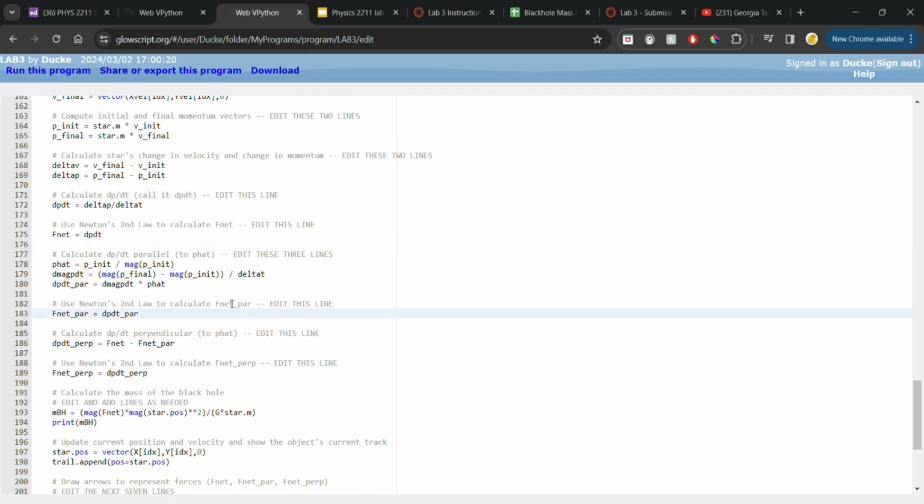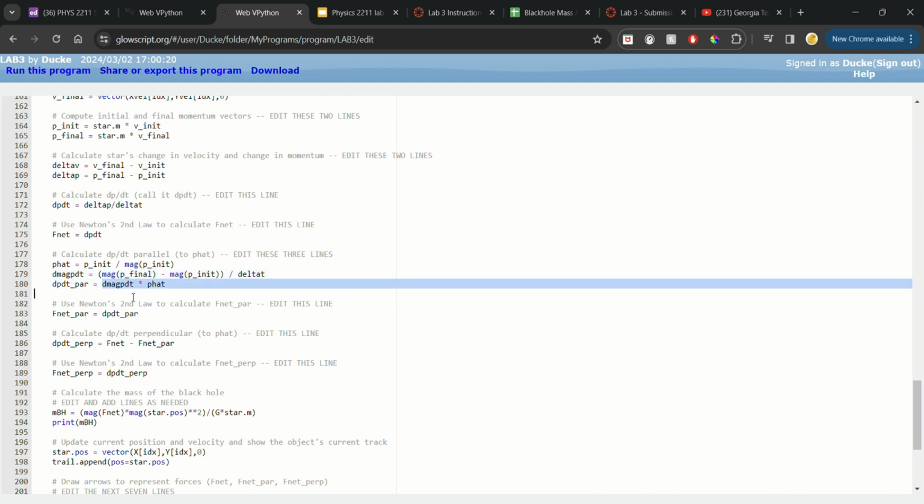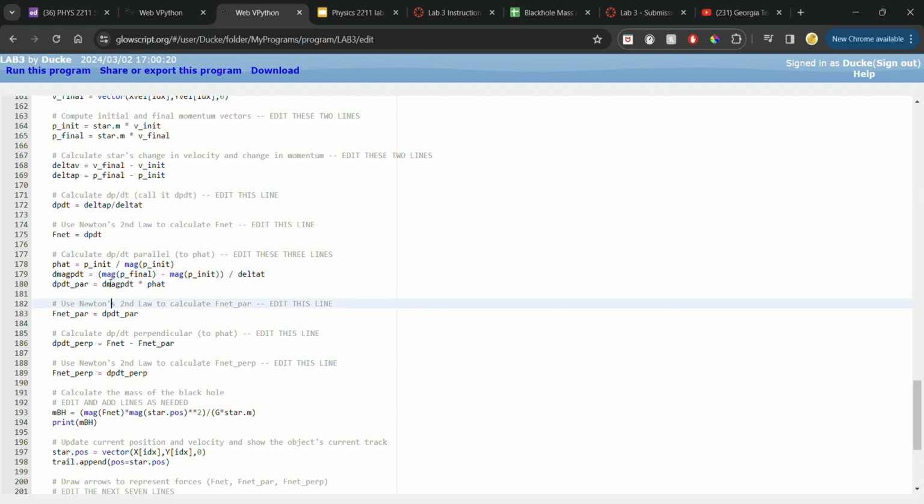To break it down into the parallel and perpendicular components, you do P hat is equal to P initial divided by the magnitude of P initial. Then you take the change in the magnitude of momentum, divide that by time, and the parallel component is this times P hat, so the direction.